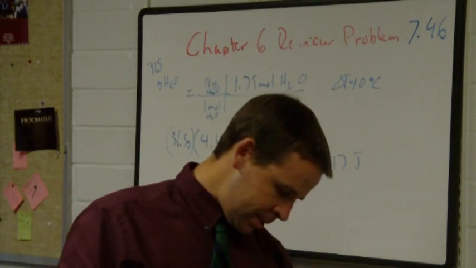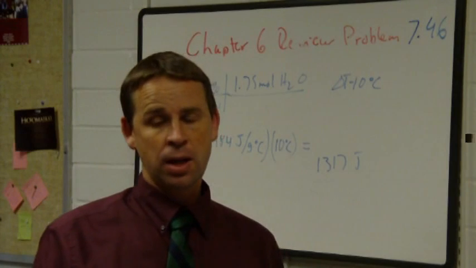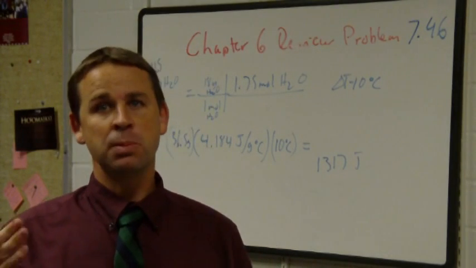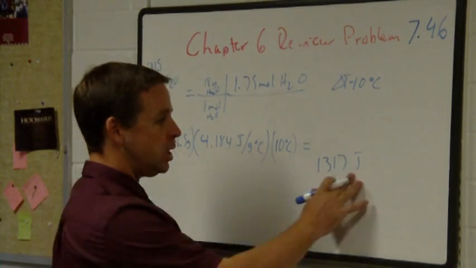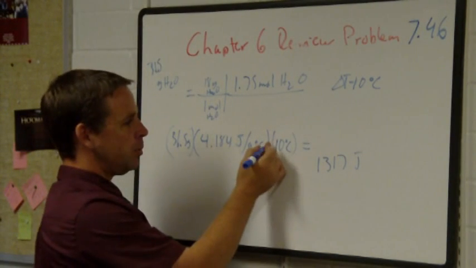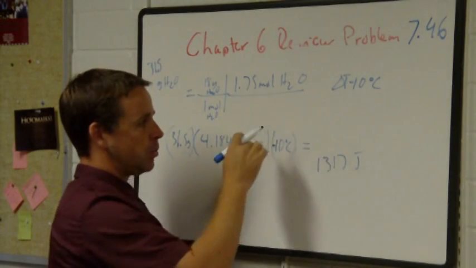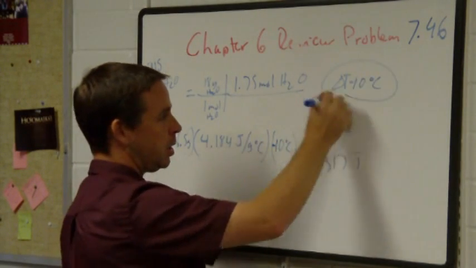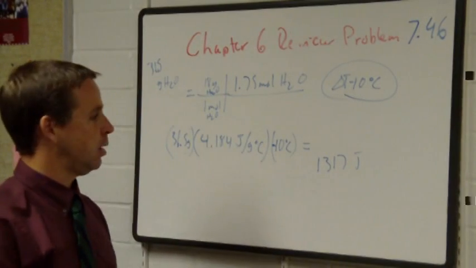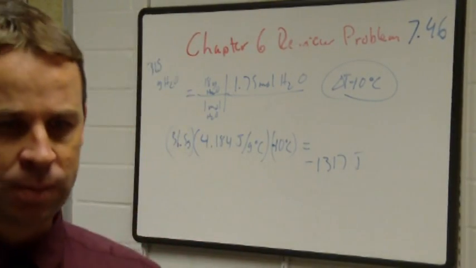Now, it says here, how much heat in joules and in calories must be removed? If they're asking how much heat must be removed, well, that's how much heat has to be removed. The calculation should have a negative in front of the 10, because going final minus initial, we ended up getting a change in temperature of minus 10. The sign indicates the change.